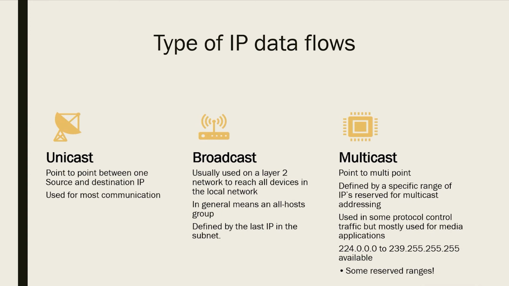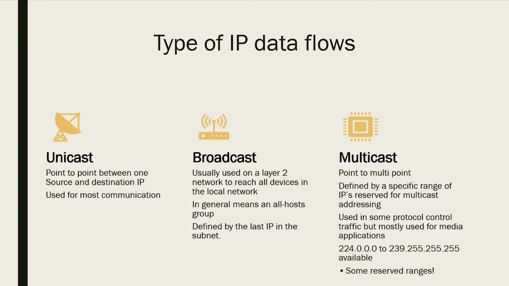We then have broadcast. As I've touched on before in one of the previous videos around L2, broadcast is about flooding out a specific bit of traffic to a whole layer 2 domain within a specific subnet.